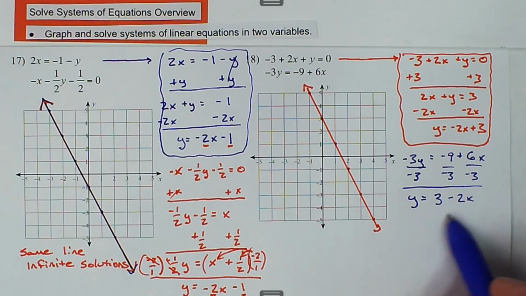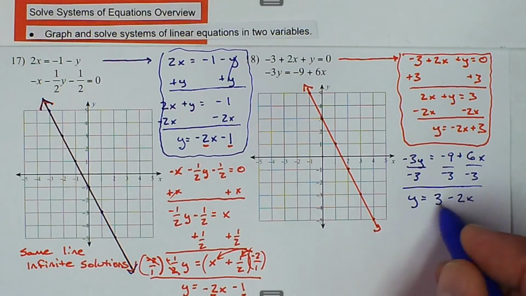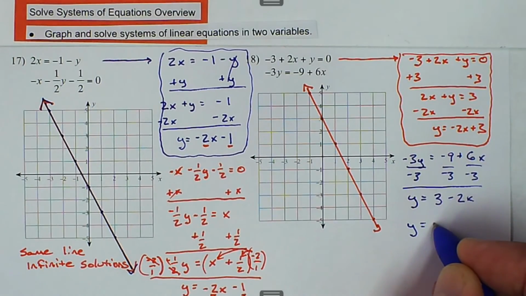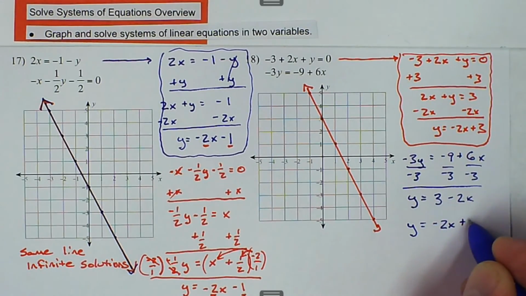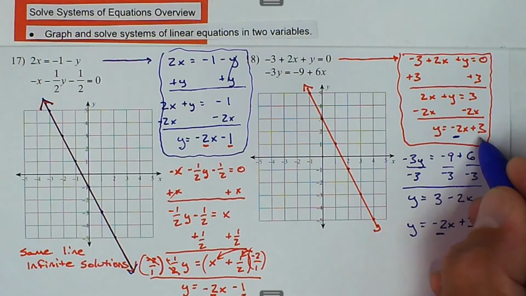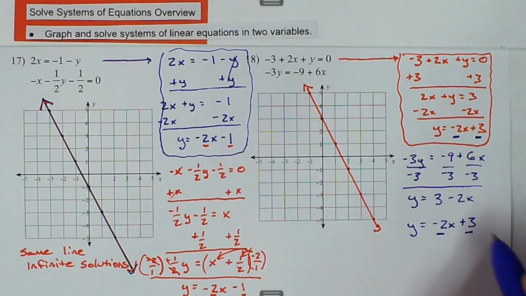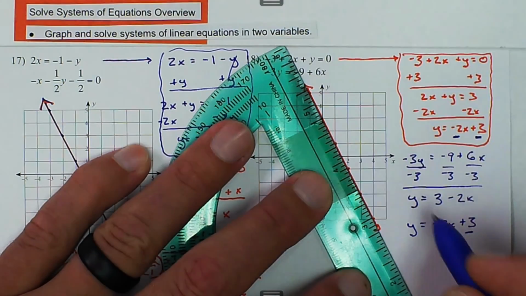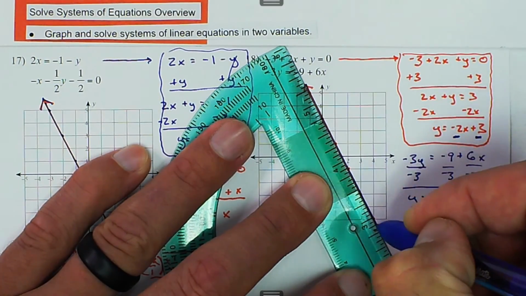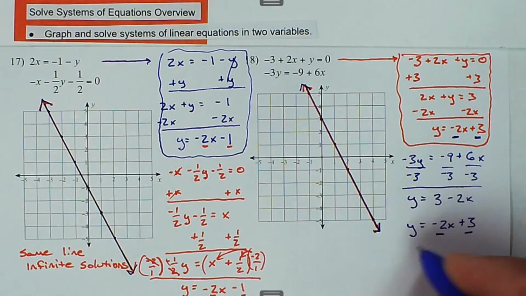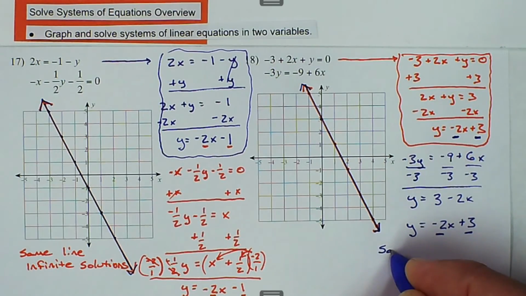Now I want to write this in y equals mx plus b form, so I'm just going to switch these last two terms. So y equals negative 2x plus 3. And then we can see that we have the same slope and the same y-intercept. So again, these are the same lines, so they overlap and have infinite solutions.